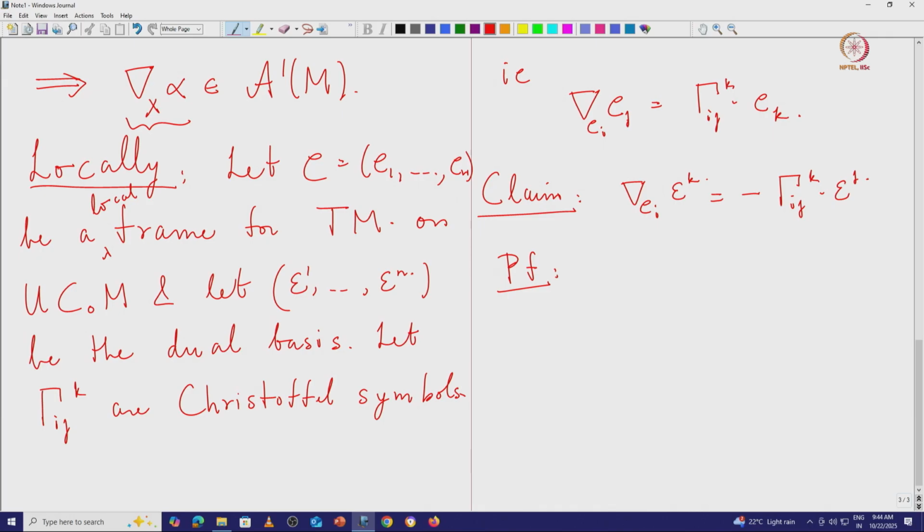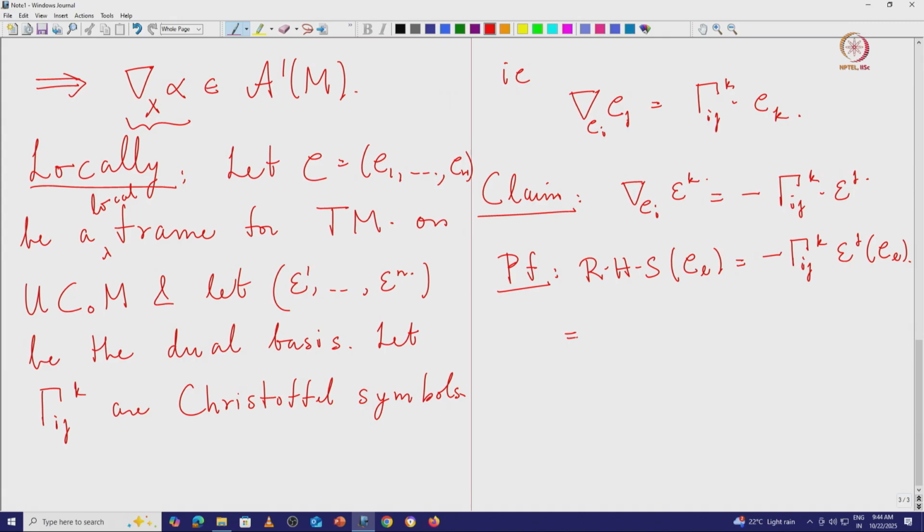So each side is basically a local one form, right? So if you look at the RHS, let's say applied on some basis vector EL, that's just going to be minus gamma ijk epsilon j applied to EL.